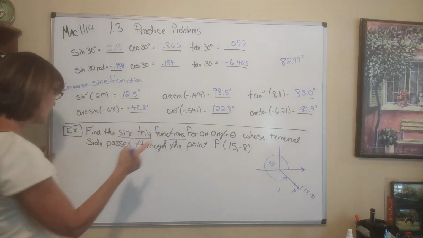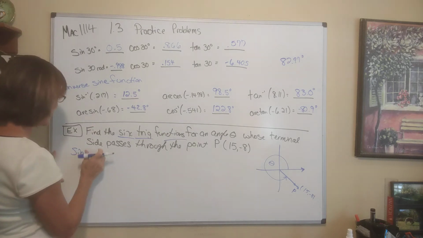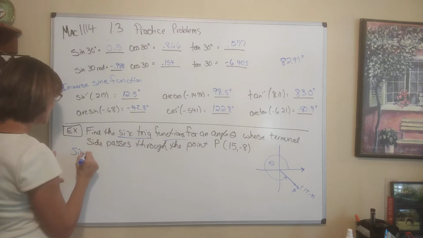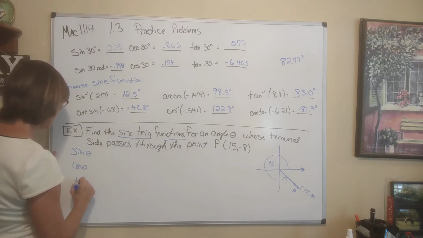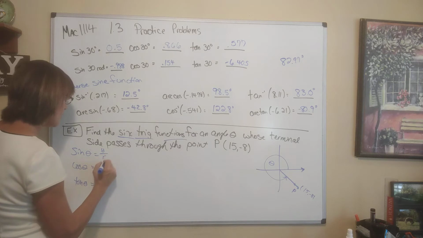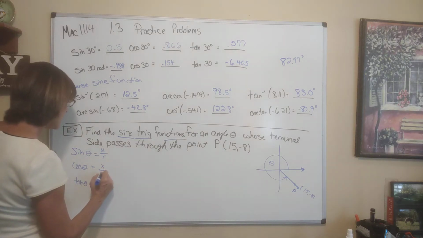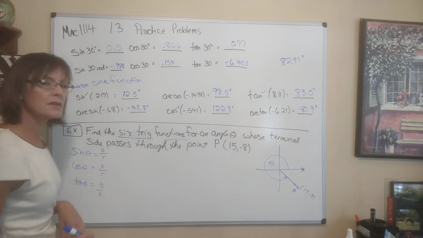To find out this trig function, we are going to use the definition. First, we know that the sine of theta, the cosine, the tangent. First, let's just do these. By definition it's y over r, x over r, y over x. Remember that definition?